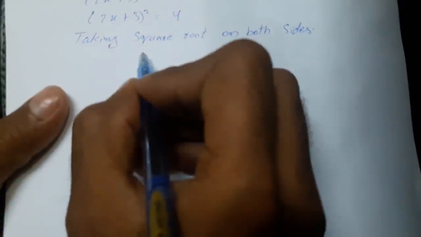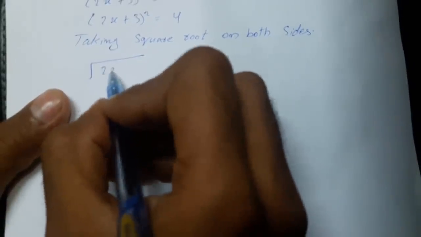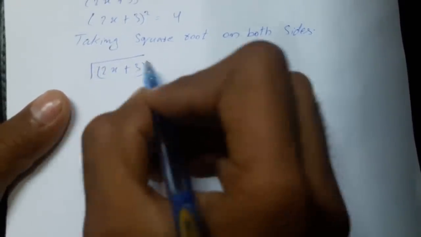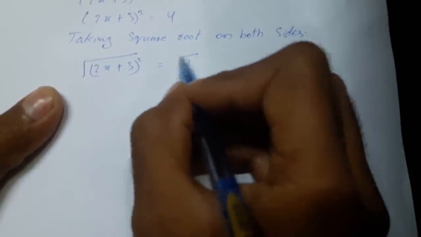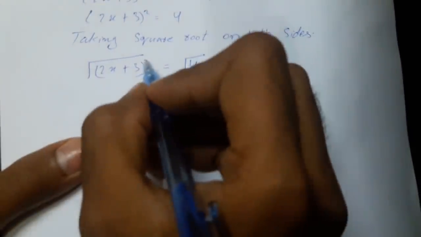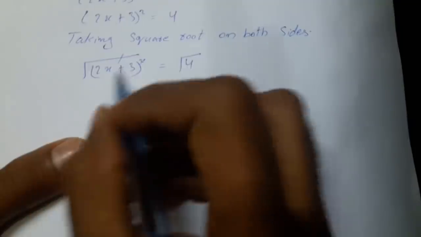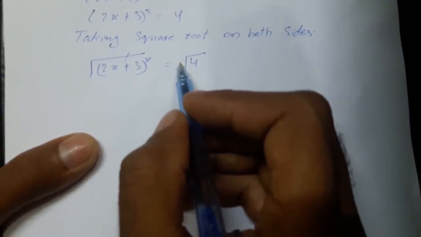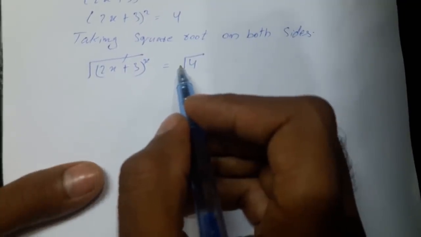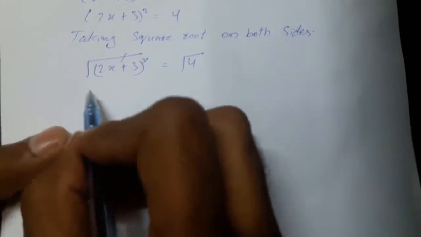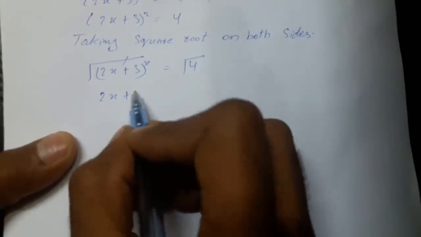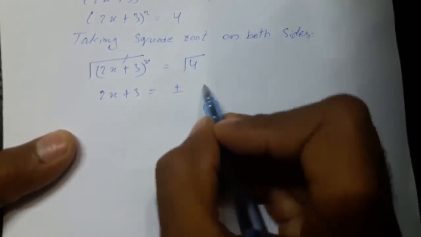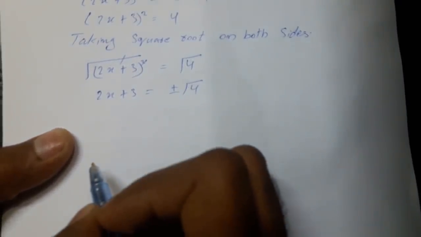So we will put the square root on both sides. 2x plus 3 whole square is equal to 4 whole square. The square and root will cancel. Whenever the square root cancels from here, automatically a plus minus sign will be taken on the other side. So 2x plus 3 is equal to plus minus square root of 4.